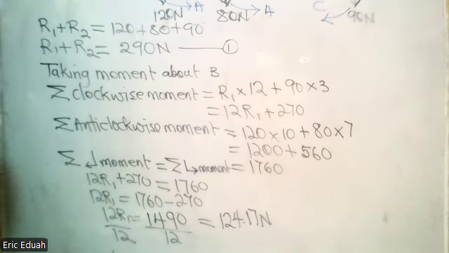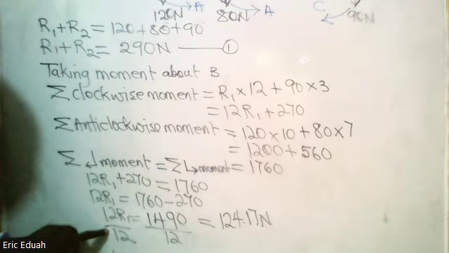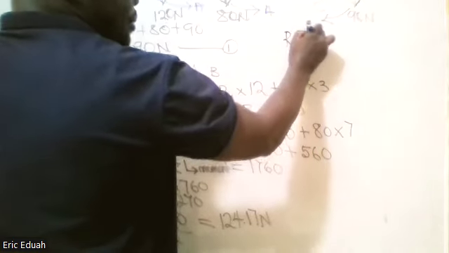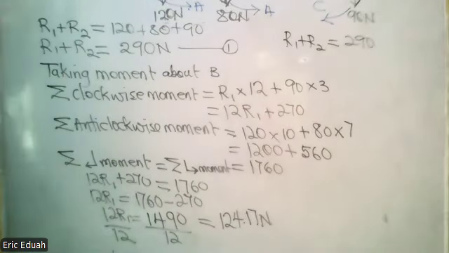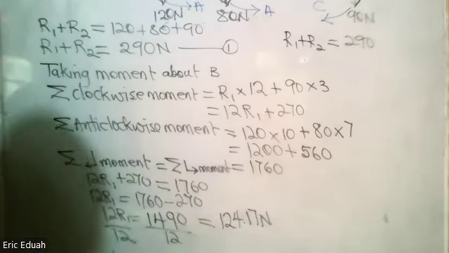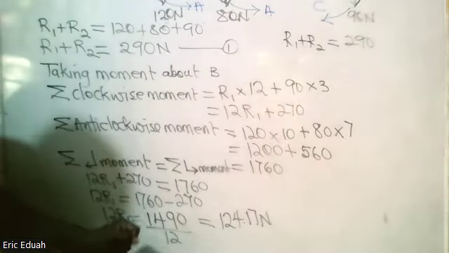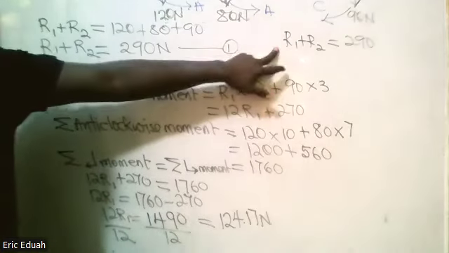Now, I will not encourage you to use R1 plus R2 equal to 290 to find R2 after determining one of them. The reason is that you will never see anything wrong with your answer if you use this.